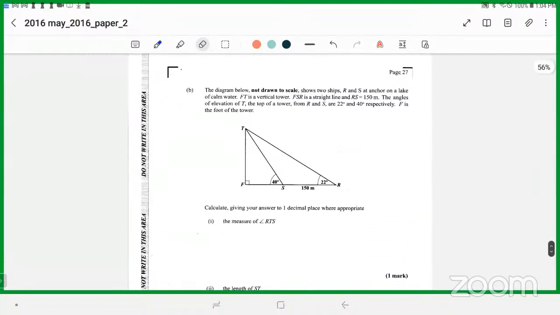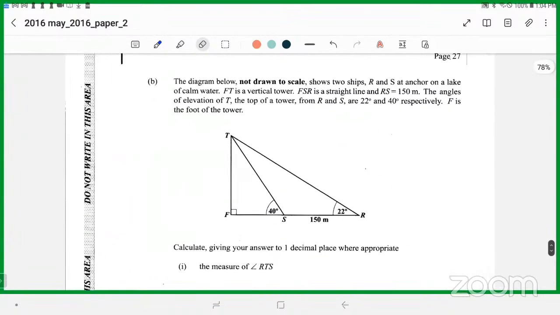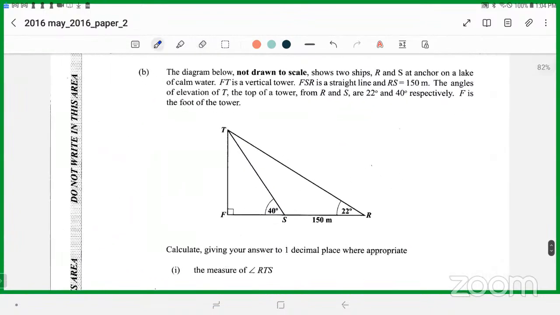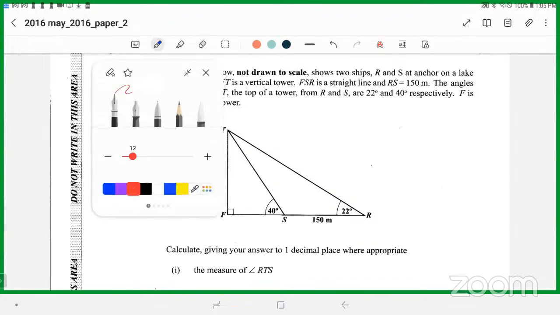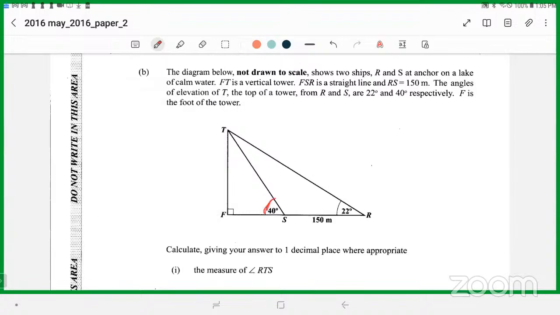All right, let's do this question now. So, it's an elevation question, apparently. So give me this distance here. Looks like I'm gonna have to work in this triangle. As I told you in the class, the more things you know, the better. Right? That this exterior angle is equal to the sum of these two.